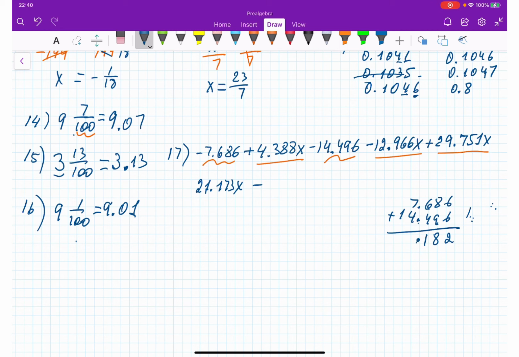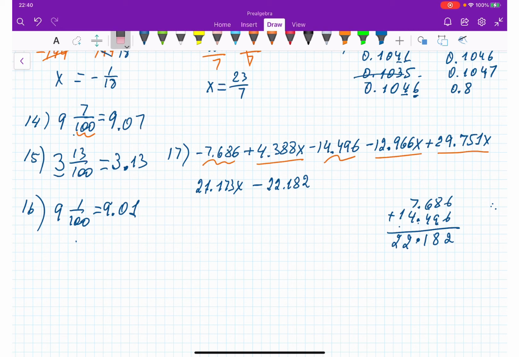Here is the decimal. 7 plus 4, 11, and 1, 12, 1 in mind. 1 and 1, it's going to be 2. Okay. It's going to be minus 22.182.